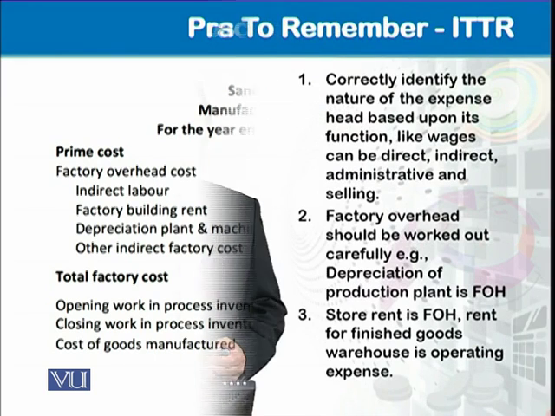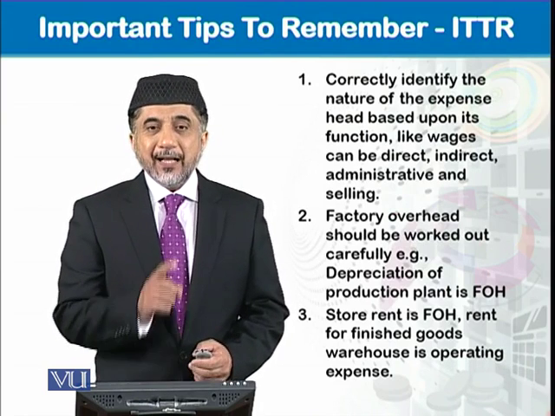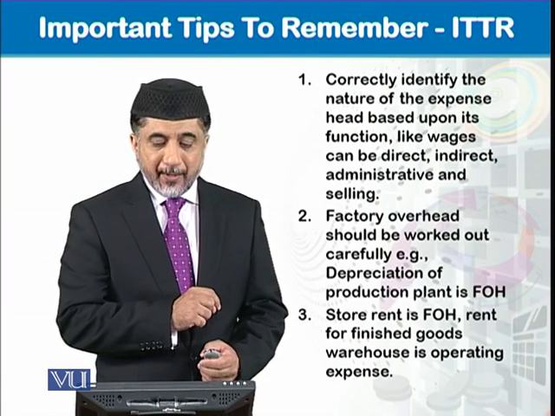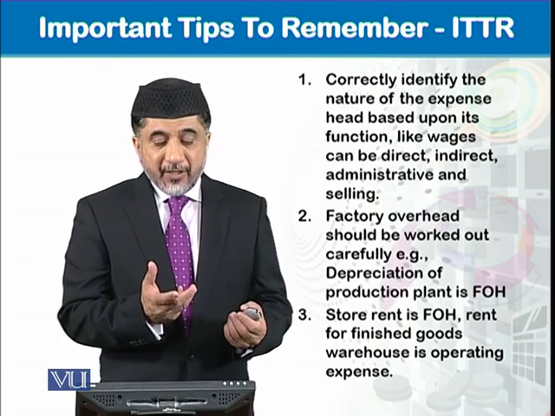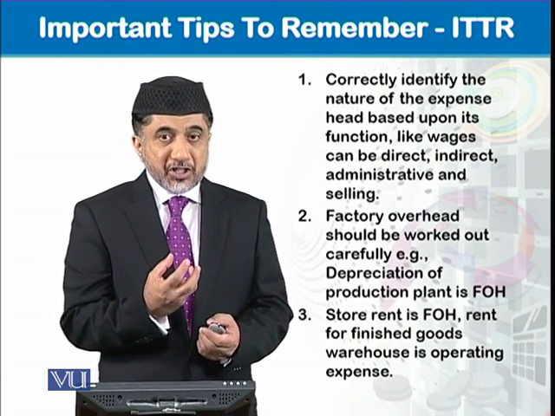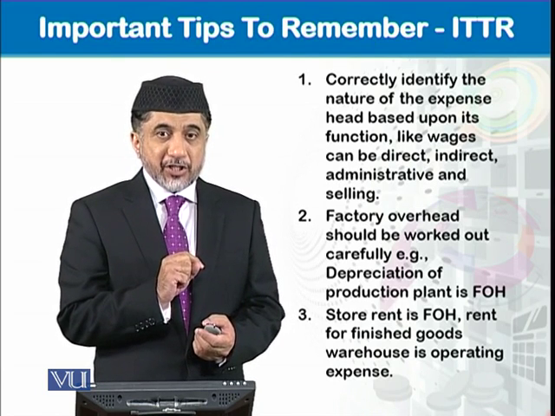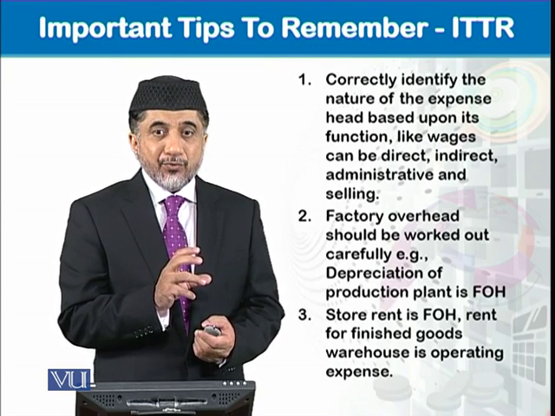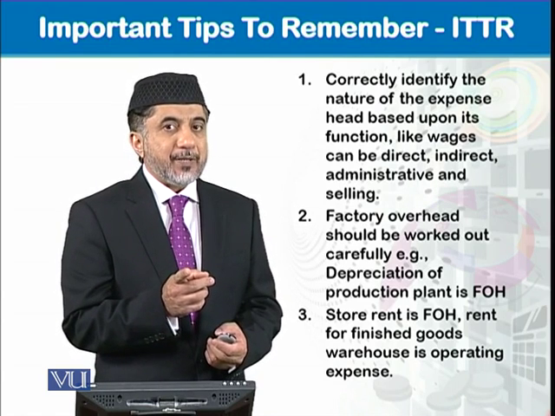So the important tips to remember in this module are, first, correctly identify the nature of the expense head. If these are wages for production, they will be taken to the production function. If there are wages for sales staff, those wages will be taken to selling expense.